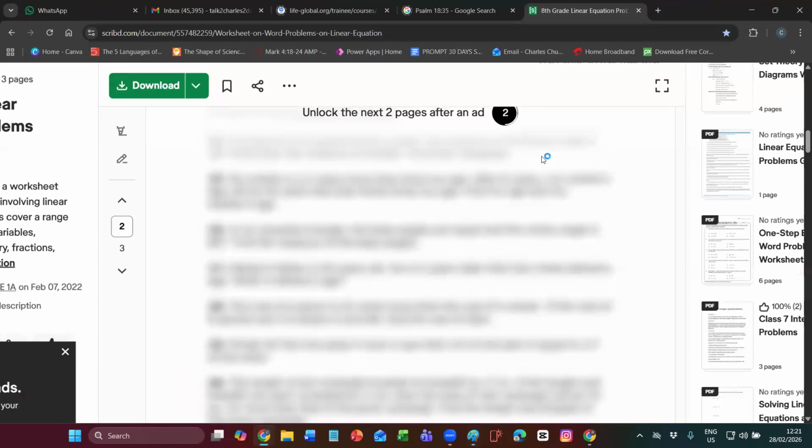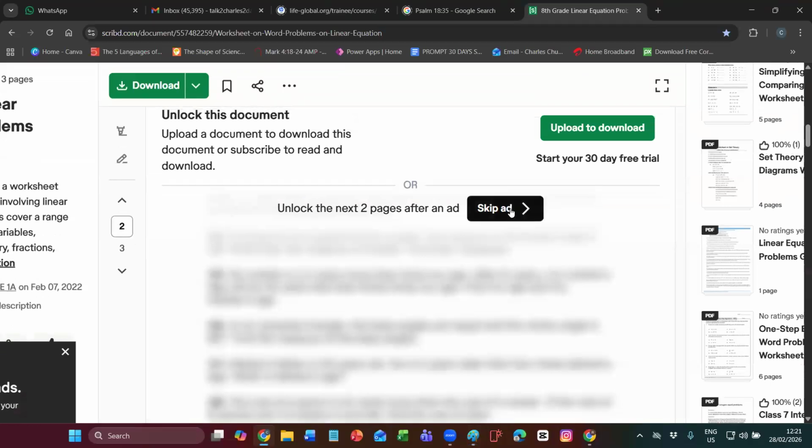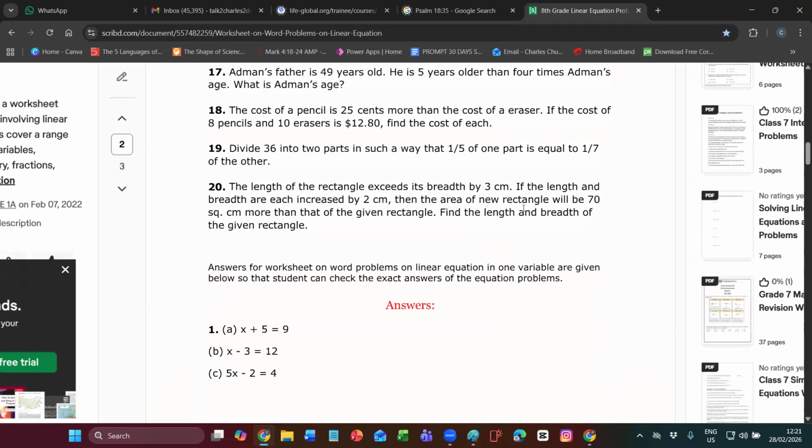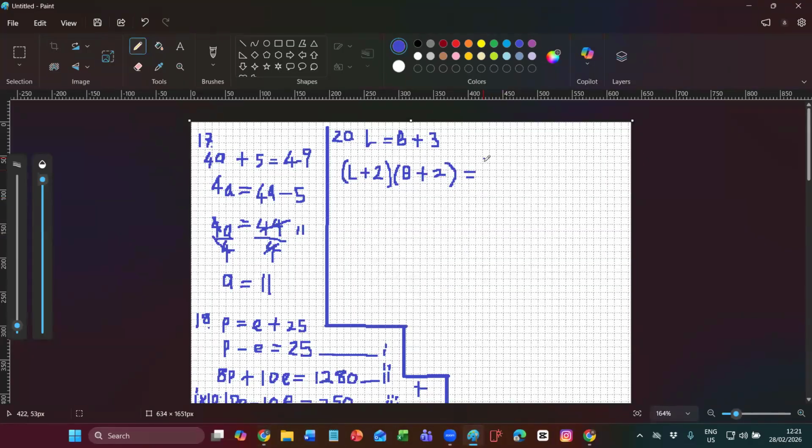Whenever you see "more than", addition comes to the rescue. So it's going to be 70 plus the area of the rectangle if you didn't increase it by 2, which is length times breadth.